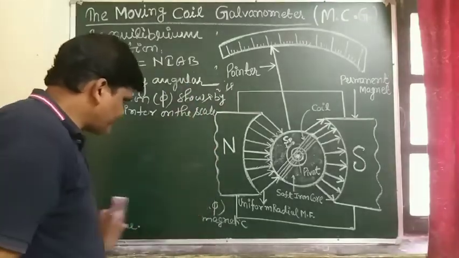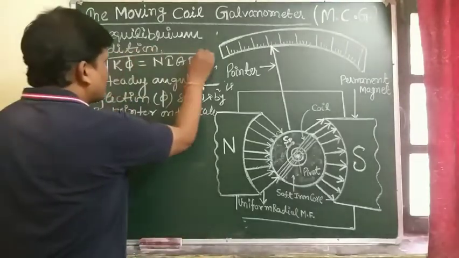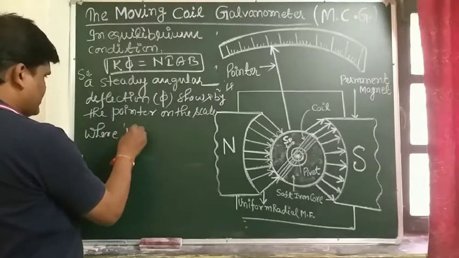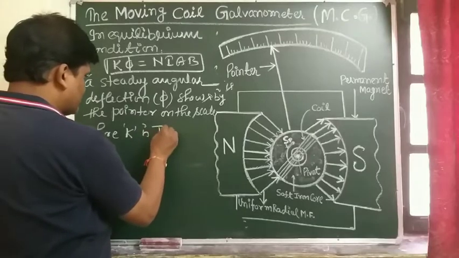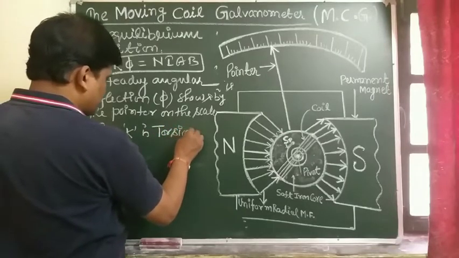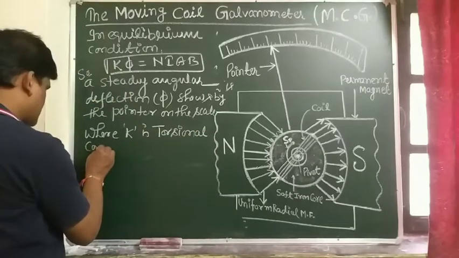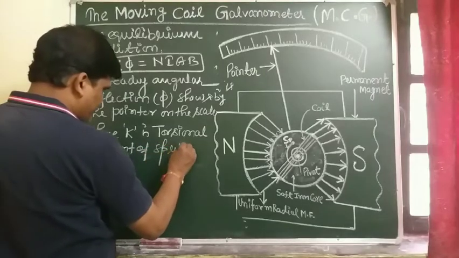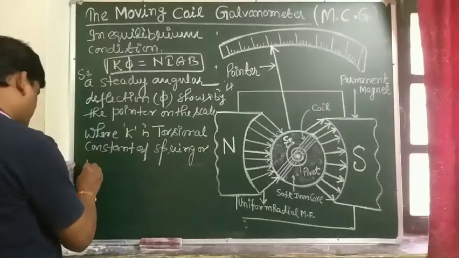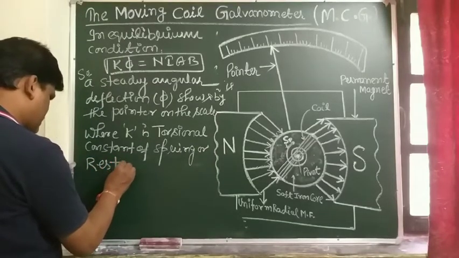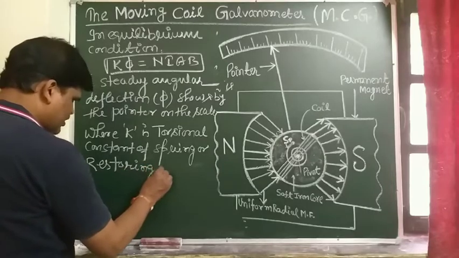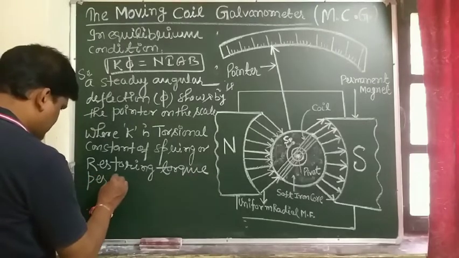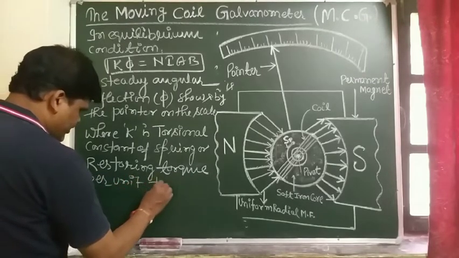And students, K is the torsional constant of the spring, or restoring torque per unit twist.